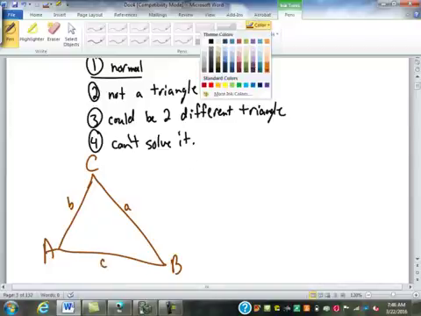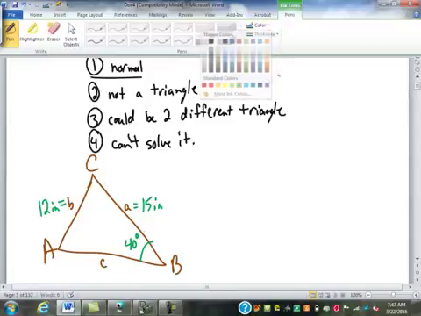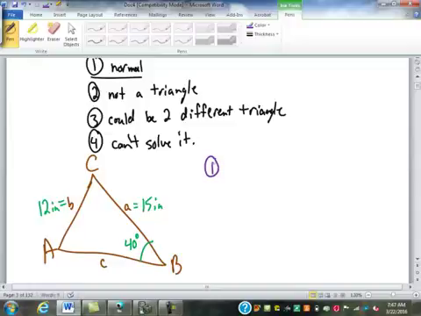So in this case, I'm going to give you side A up here is 15 inches, and side B over here is 12 inches. And I'm going to give you angle B here, it's 40 degrees. First thing we always check to do, find side and opposite angle.